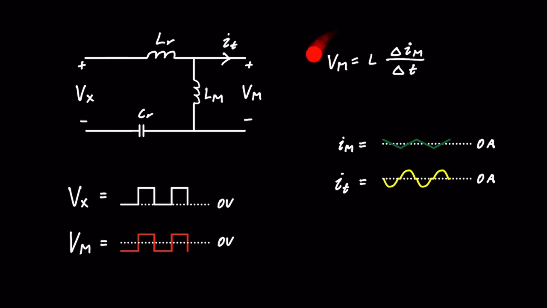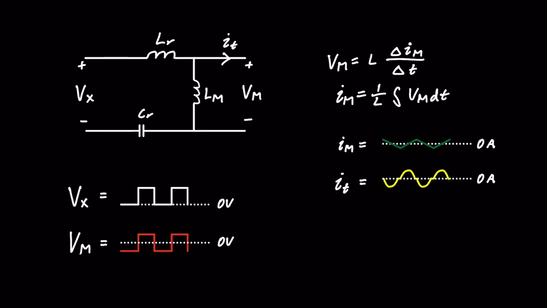You can rearrange this and find that Im is simply 1 over L multiplied by the integral of Vm dt. If we take the integral, you can see that it first goes down, then it goes up, down, up, exactly like this one. And we know for this case that the average value is equal to 0, so it should look like that.